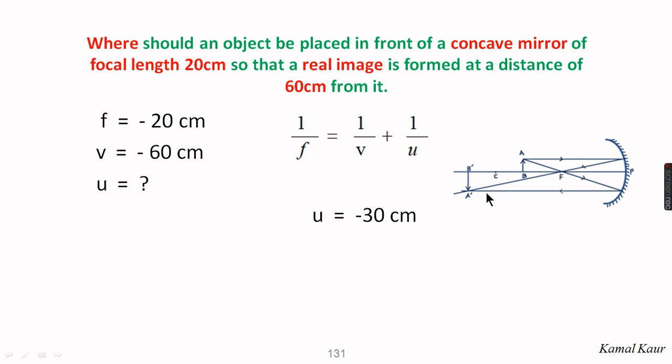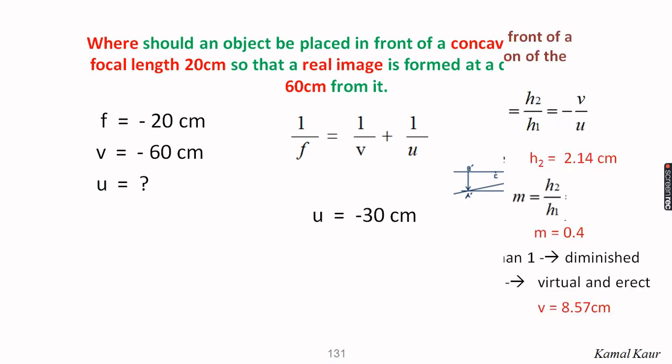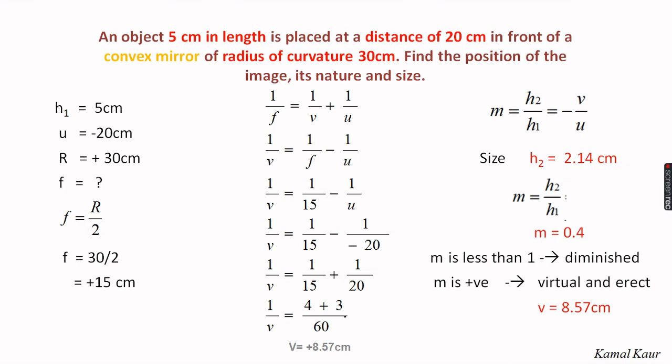And if it is on the left side, it means it is negative. So v is negative. We need to find u, and all the three things appear in mirror formula. We know f, we know v, easily we can find out u. You see now that solving the numericals is very easy, provided we use the signs carefully, whether it is positive or the negative sign. So we'll solve one more numerical now.